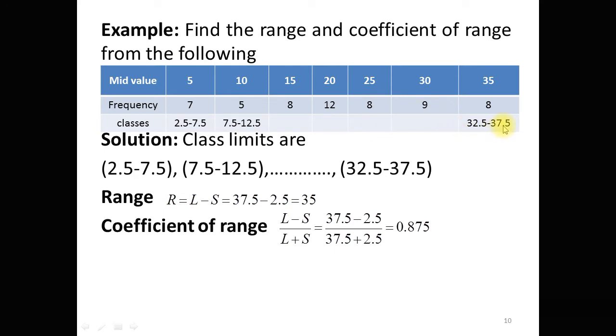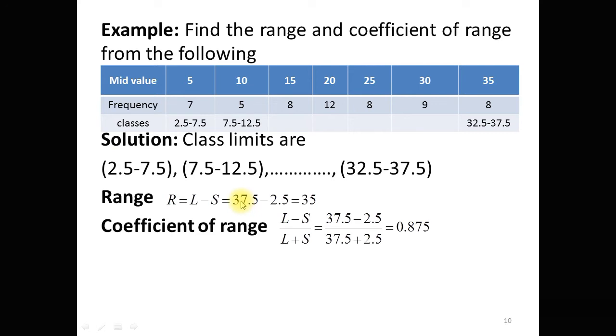32.5 to 37.5. Now I have already told you that the range for the group data is given by the largest value of the highest class and the smallest value of the lowest class. The highest value of the largest class is 37.5, and the smallest value of the lowest class is 2.5.